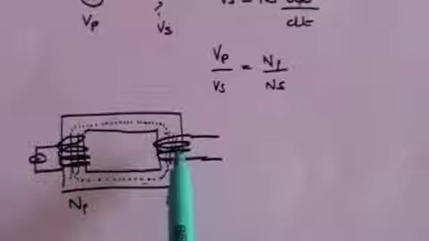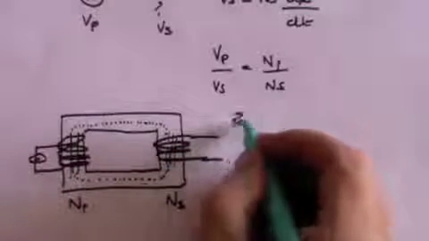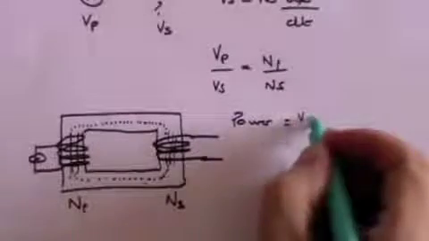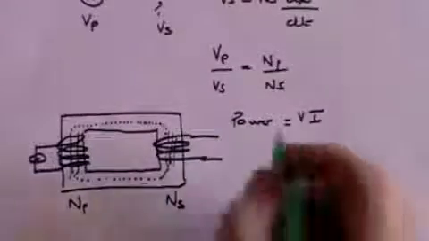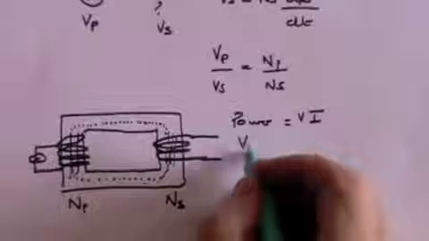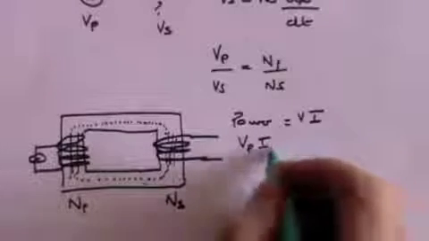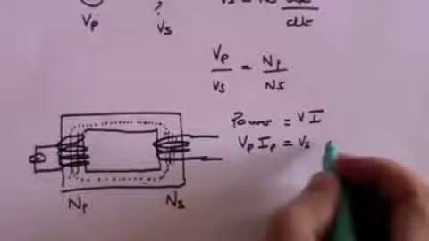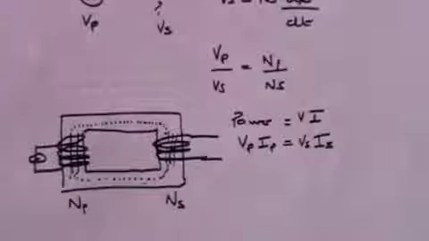And what we said in the video on electromagnetism was that in theory, the power from this side should equal the power from that side. And power, don't forget, in electrical terms is always V times I. So what you would say is that the voltage in the primary times the current in the primary is equal to the voltage in the secondary times the current in the secondary.